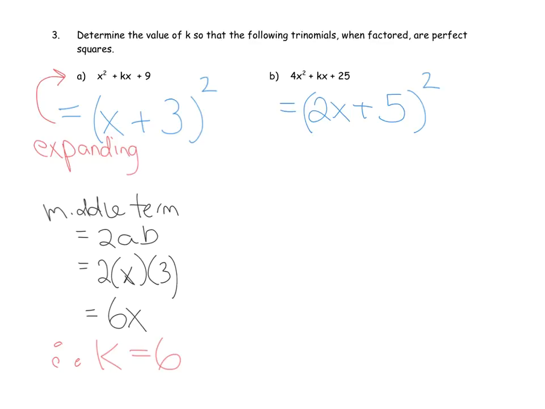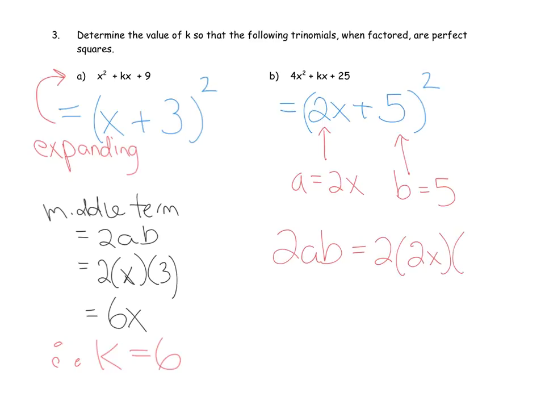Okay, so this of course means that a is 2x and b is 5. So the middle term will be 2ab, which is 2 times 2x times 5. Okay, which is going to give me 20x. So this means that k is 20, looking back to my original equation right up here.